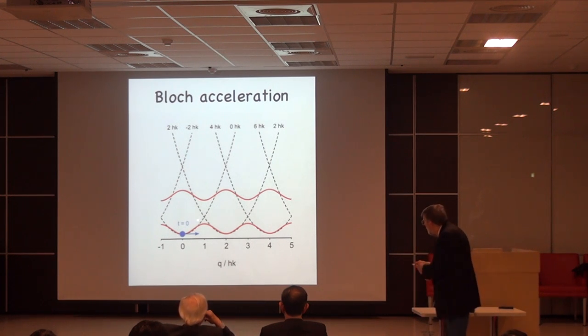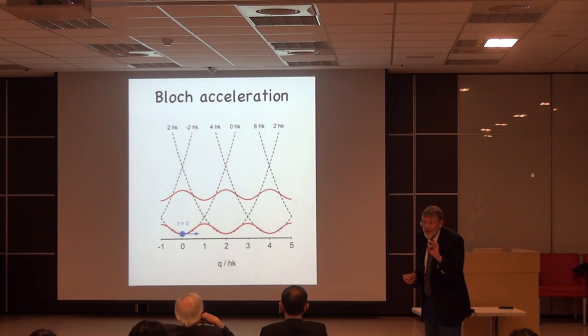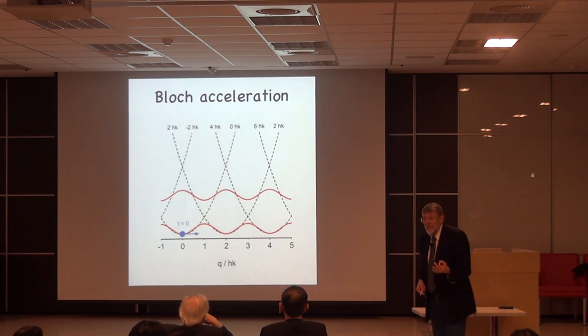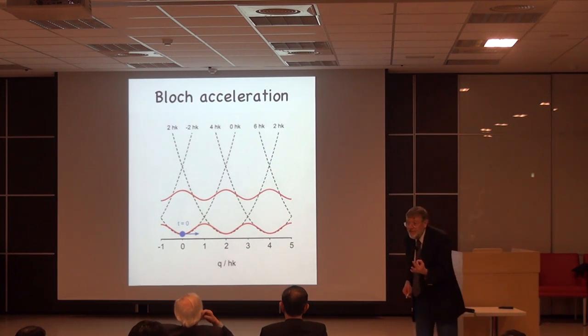Now the dashed curve, remember, is in the moving frame of the lattice. It shows an atom moving at some velocity with respect to the lattice, but that velocity is the velocity corresponding to the quasi-momentum given by whatever the velocity of the lattice is. When I transform back into the lab frame, the velocity is zero.